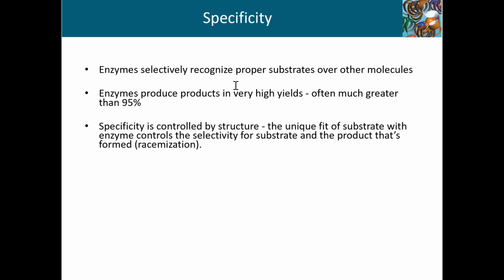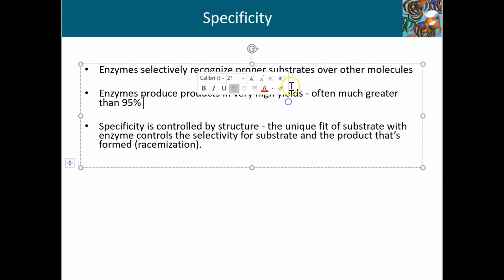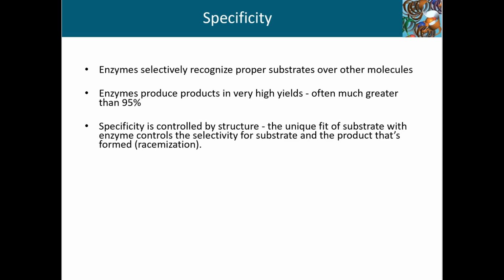Even though chemically we can't isolate that prochiral component in a test tube or in an organic chemistry laboratory, the enzyme can do it elegantly and with very, very high certainty. Enzymes also have the advantage of producing very high yields. This says above 95%. Typically, it's much better than that.